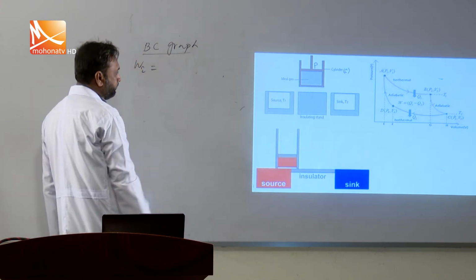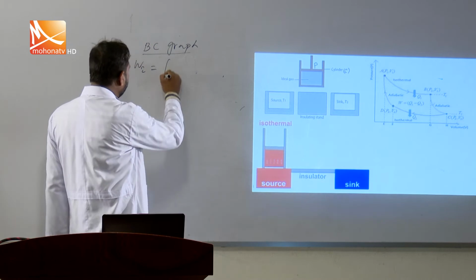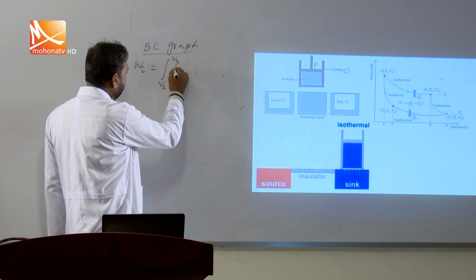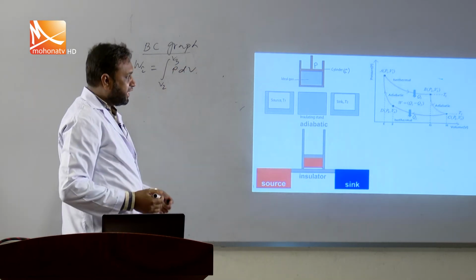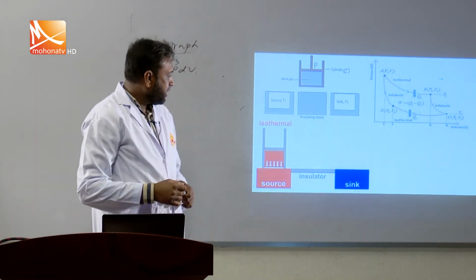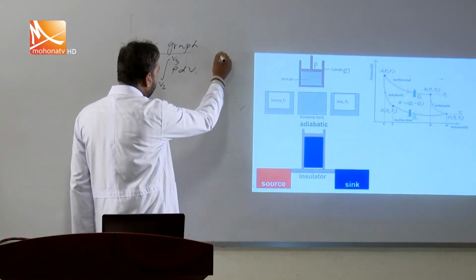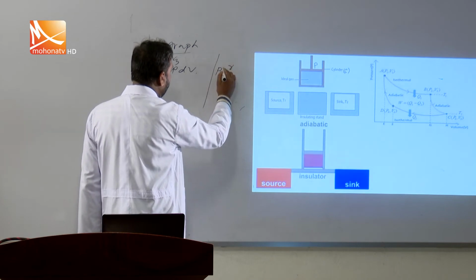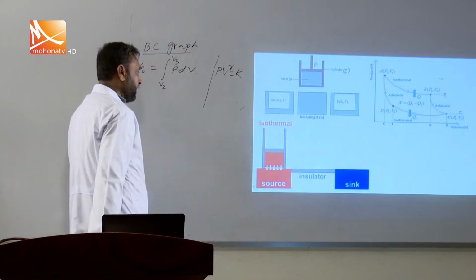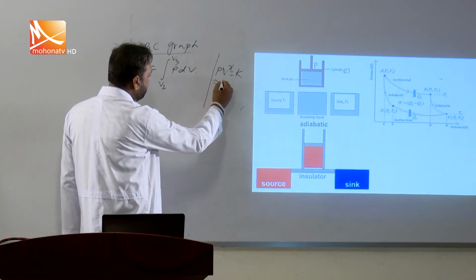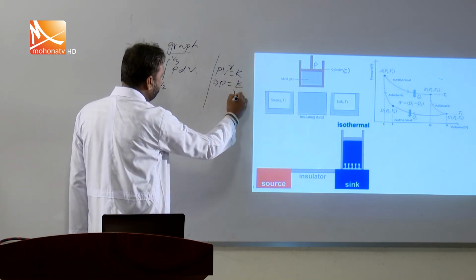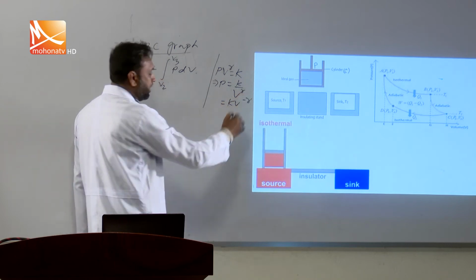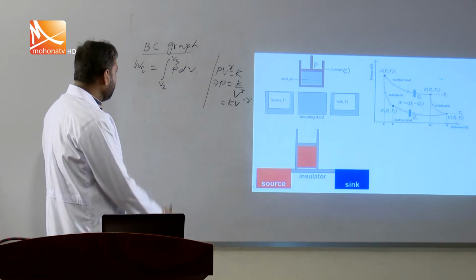W2 equals the integration from V2 to V3 of PdV. Since it is an adiabatic process, we can write PV to the power gamma equals a constant K, or P equals K divided by V to the power gamma, equals K V to the power minus gamma.